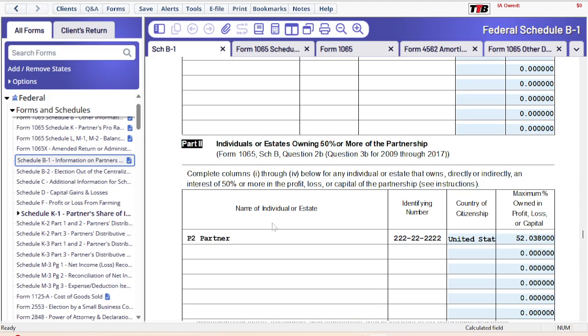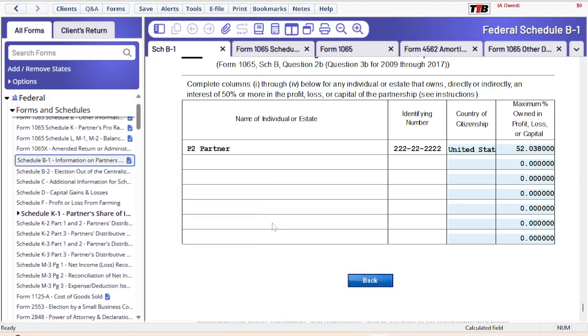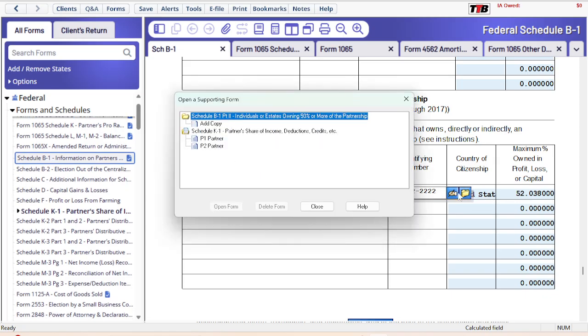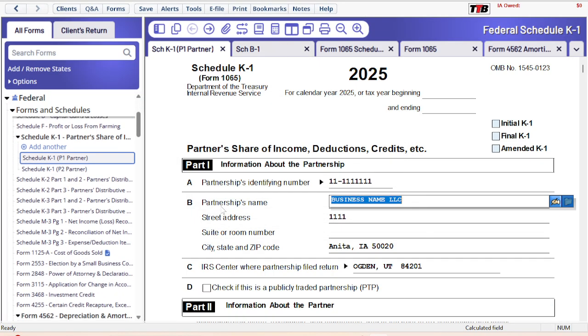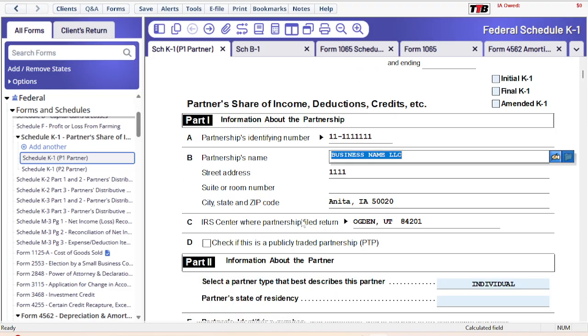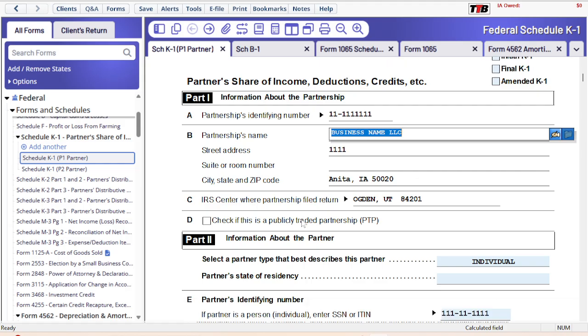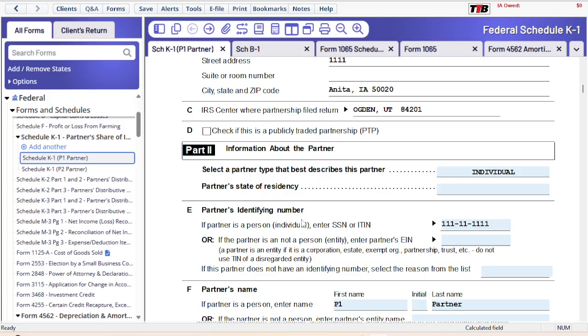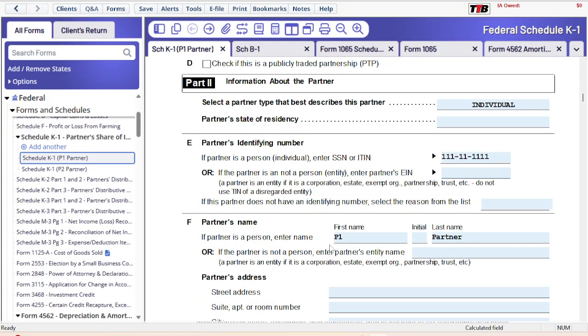So I'm going to come here and let's go look for those partners. Here we have partner 1. Let's open it, and partner 1, okay, partner 1, I just call it partner 1.